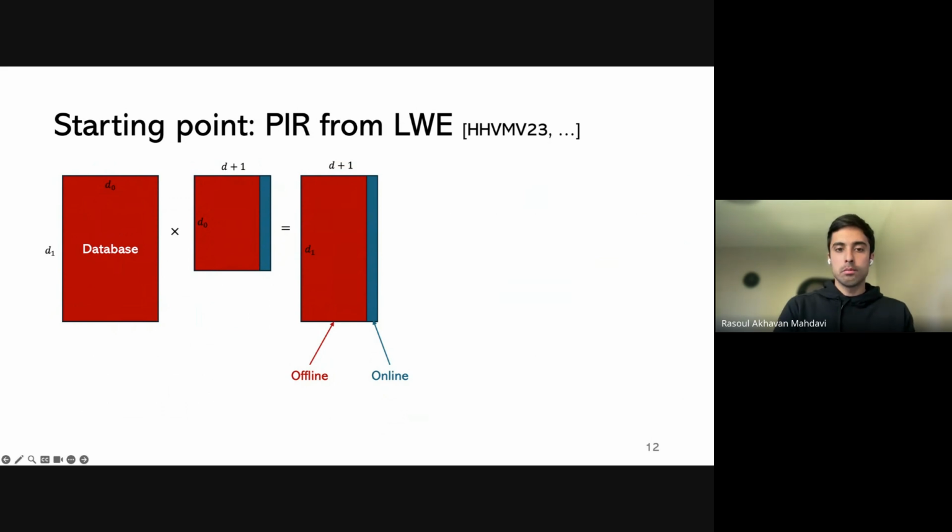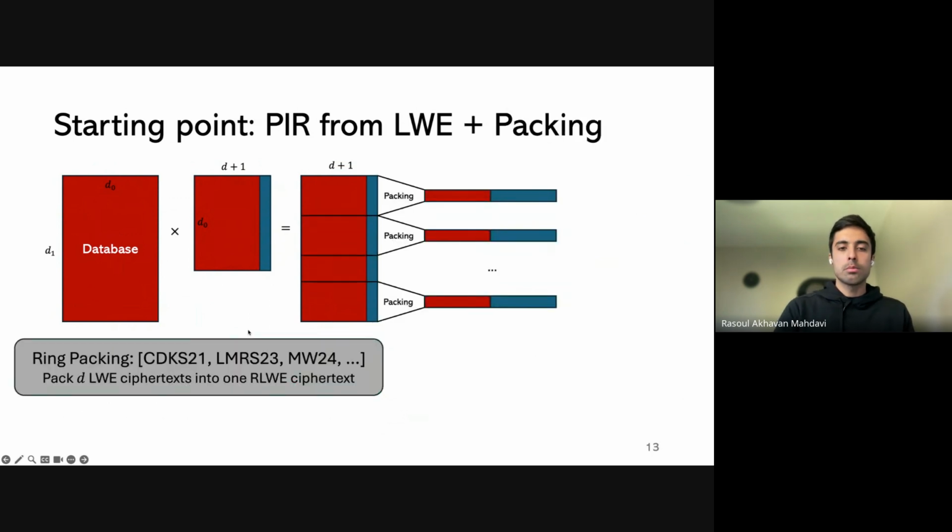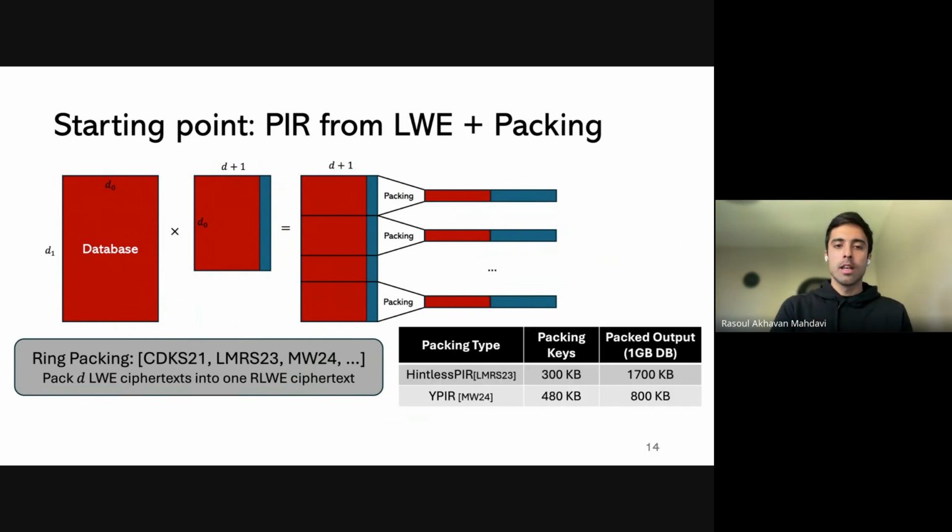So the next step after that is performing LWE to RLWE packing. So I guess ring packing is what I just described, taking a vector of LWE ciphertexts and packing them into one RLWE ciphertext. And the different PIR protocols like InsPIRe and YPIR differ in the approach they take to this packing step.